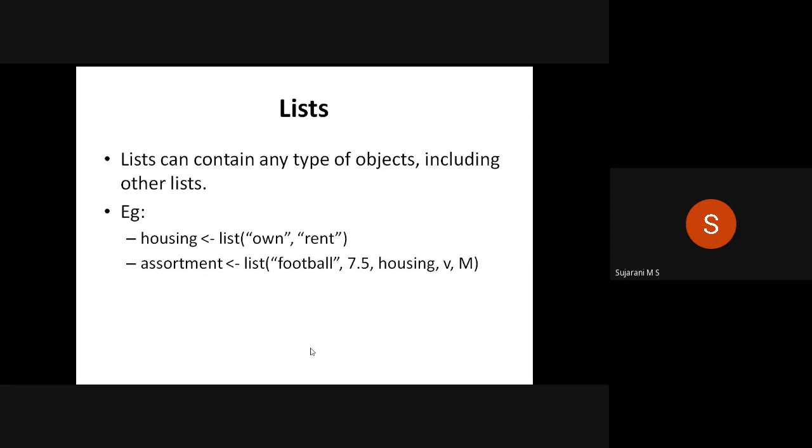It is a list. And next, assortment. Again a list, containing a string, a numerical value 7.5, a character, VF, etc. So simply, a list means it can hold any type of objects. Other lists can also be included in a list. That is simply a list.